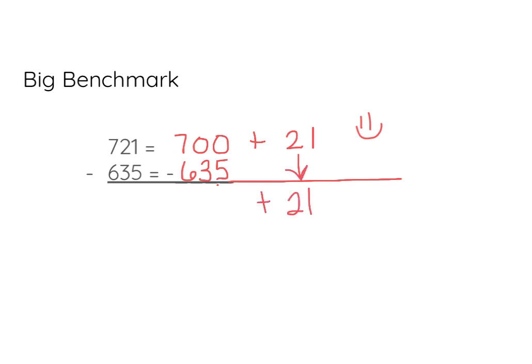Now remember, if I'm going from 635 to my next 100, I need my big benchmark. Adding 5 would only get me to 640, so make sure you add a 65.